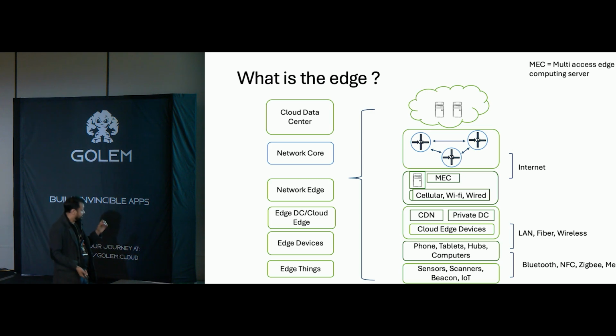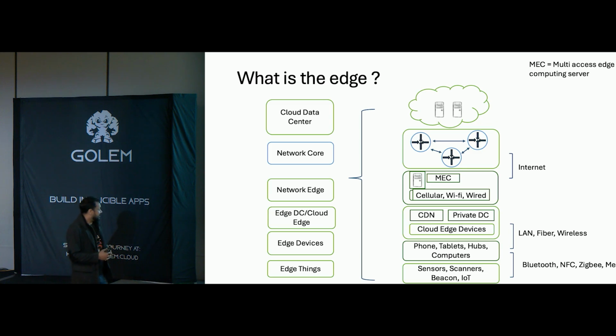A lot of companies, your Netflix and some others, use this. And this is where we come into the concept of multi-access edge computing. These devices are supposed to work with cellular, Wi-Fi, or wired, so anything IoT can also be connected to them. The idea is that you send the data to these servers, the MECs here, and since there is high network connectivity, you can just move that data to your cloud or wherever you want.